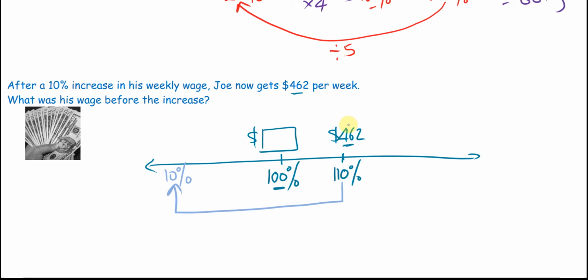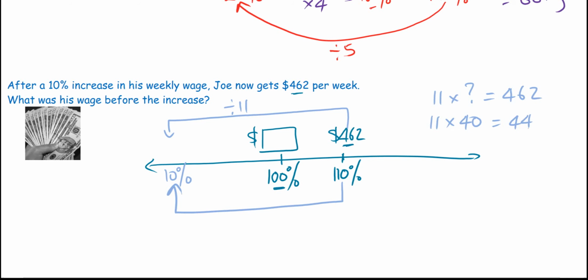So 462, can I also divide that by 11? So 11 times what is equal to 462? Well, if I do 11 times, let's say 40, 4 times 11 is 44. Therefore, 40 times 11 will give me 440.